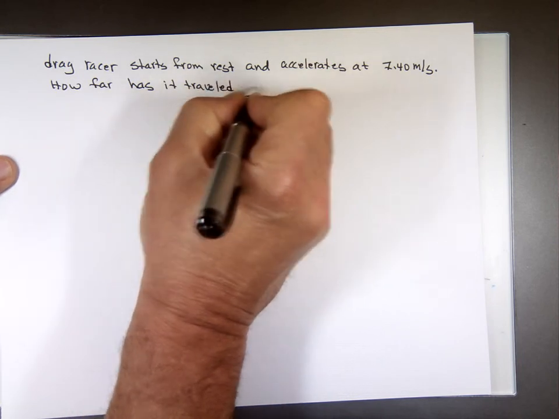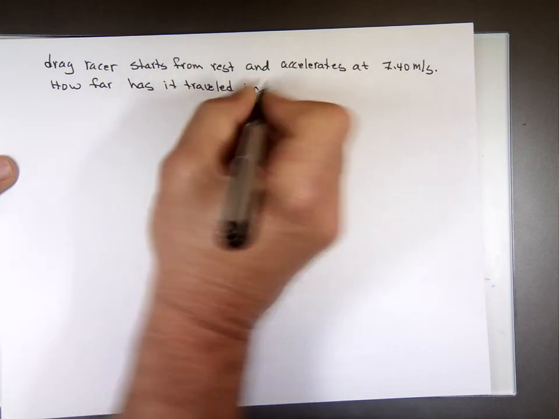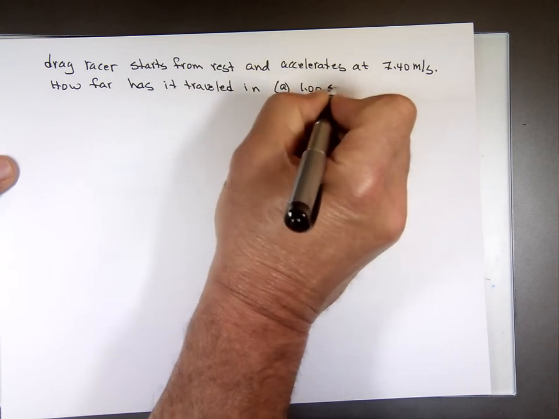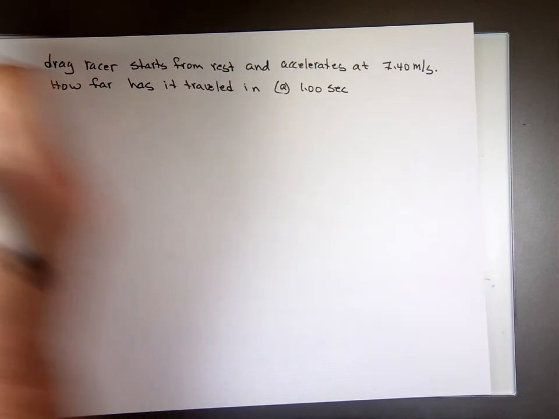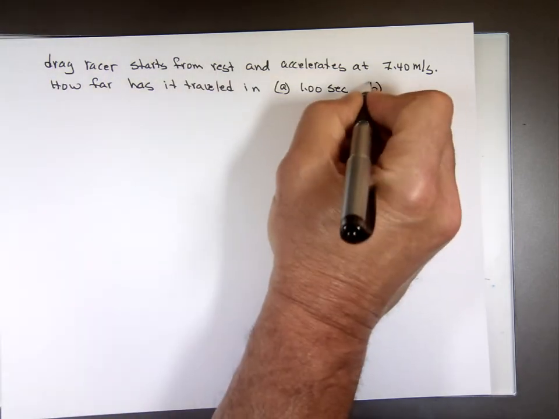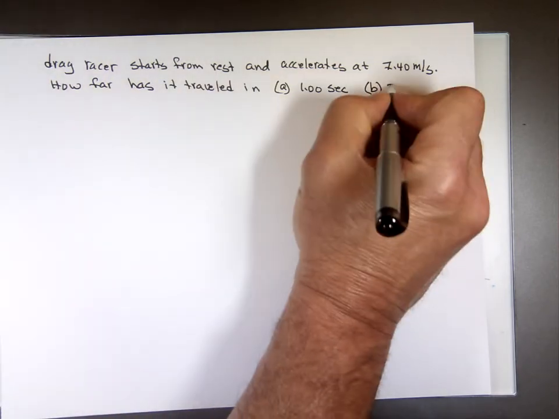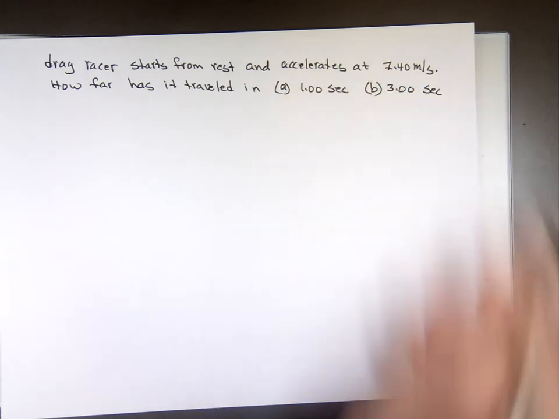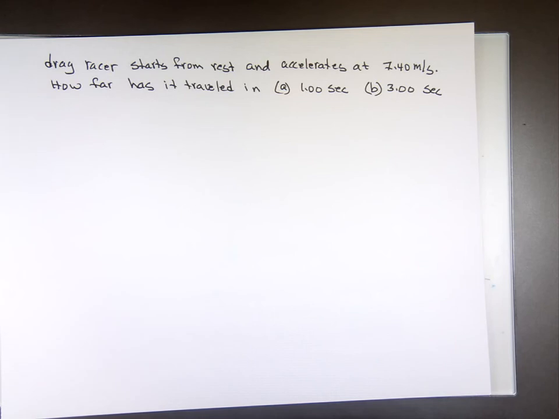First part A, 1 second. Part B, we'll do 3 seconds. Notice I use 3.00. Why? And 7.40. Why? 3 significant digits, yes.